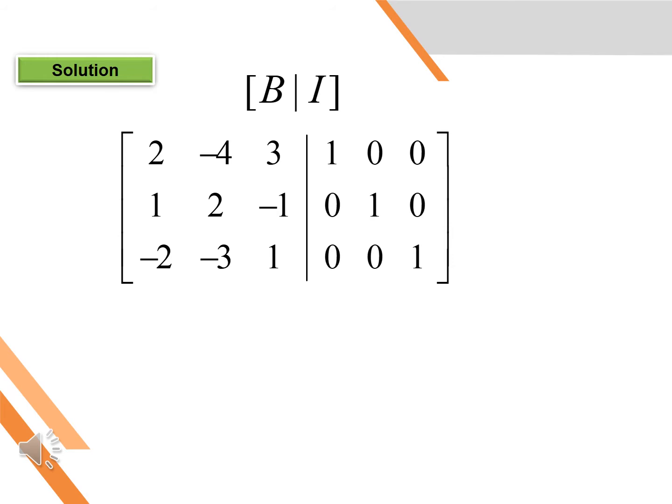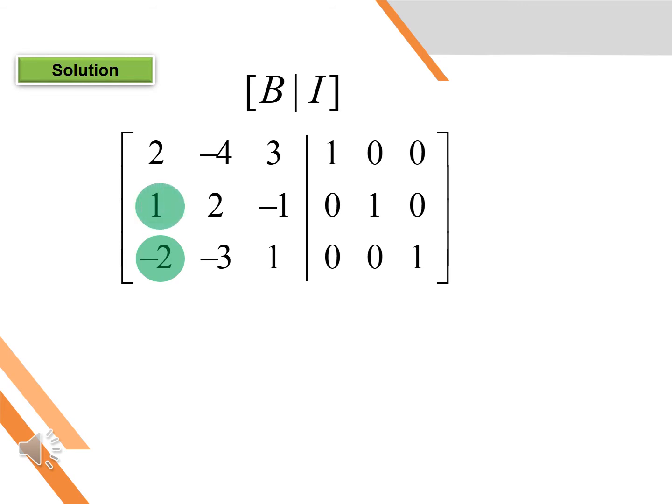Okay, step number 1, we will obtain 0 in the first column. Look at the first column. The elements in the first column are 2, 1, and -2. We are going to replace the numbers in row 2 and row 3 to become 0.